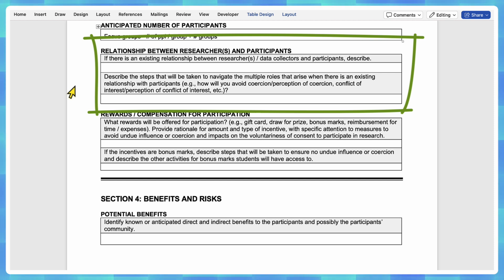Given that relationship, in some cases, even if you're not intending it, there might be that perception on the part of the participant or potential participant. So that, for example, is often the case and something we need to think about as instructors who are doing research in the area of scholarship of teaching and learning and using our students as participants.